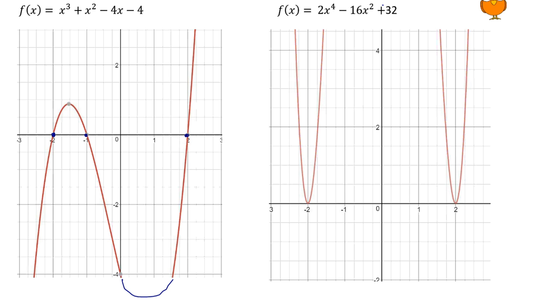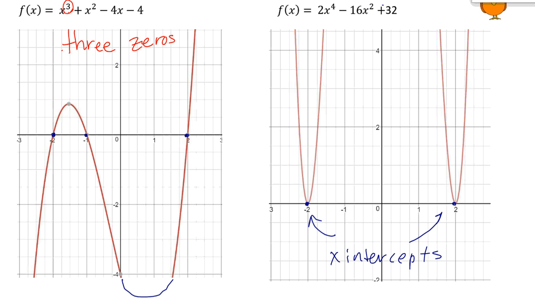This one has zeros at -2 and 2. Those are considered x-intercepts. According to our fundamental theorem, our degree is 3, so we should have 3 zeros. Is that how many we have?